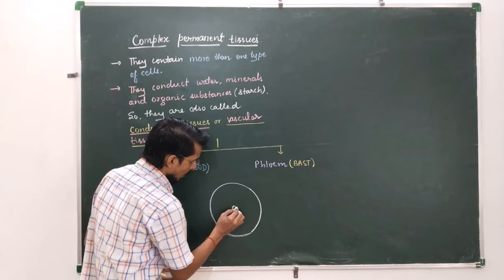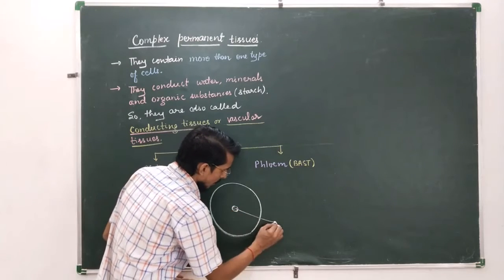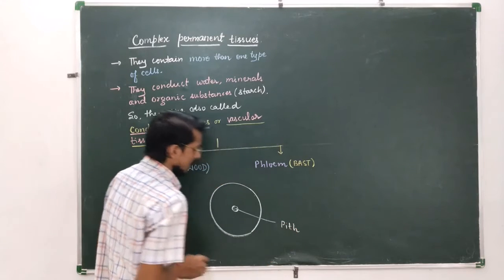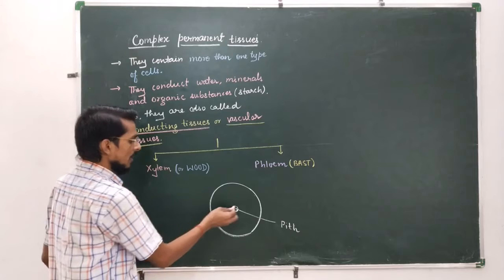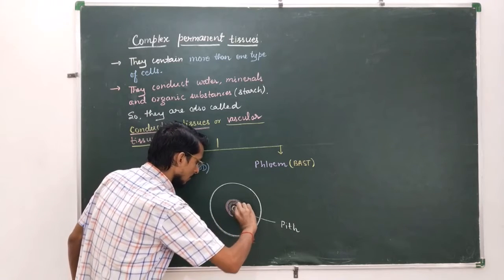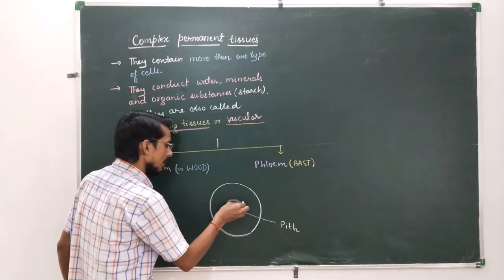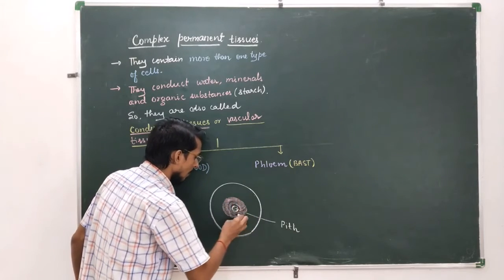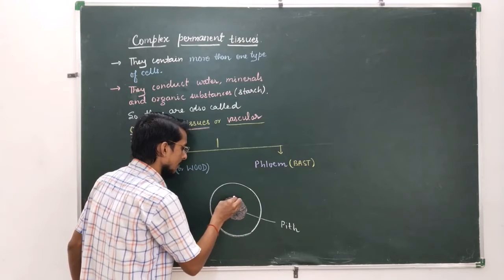This is made of soft tissue. This is pith, P-I-T-H. Okay. Surrounding the pith, the part of stem is wood, and this is hard part of the stem.